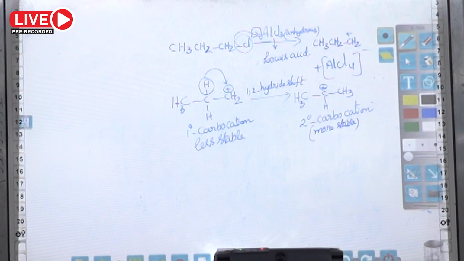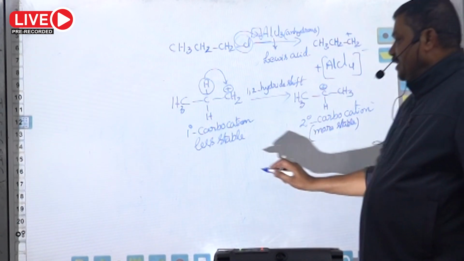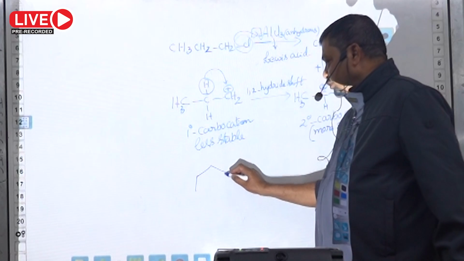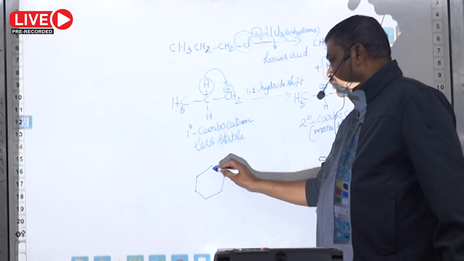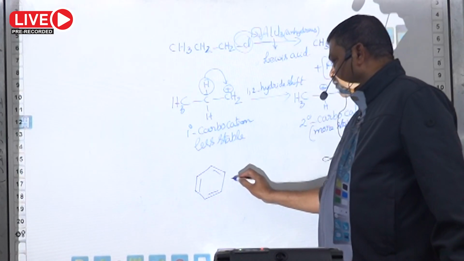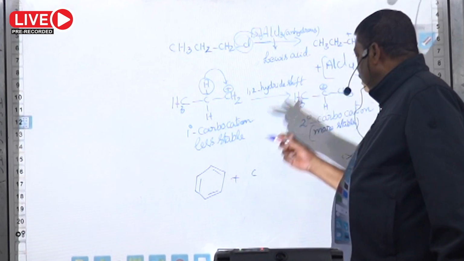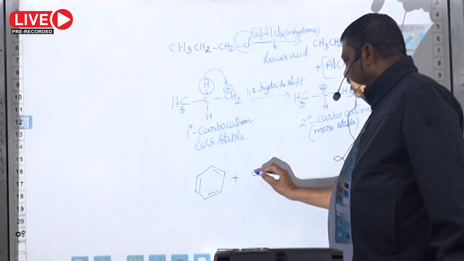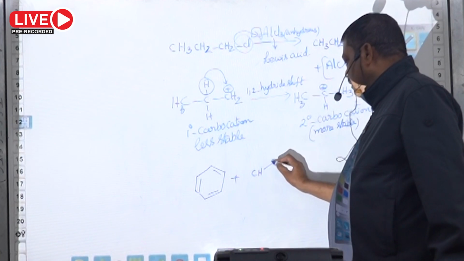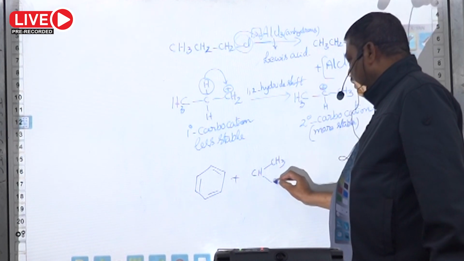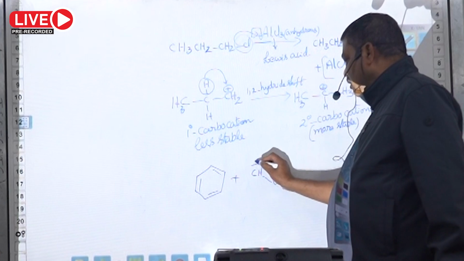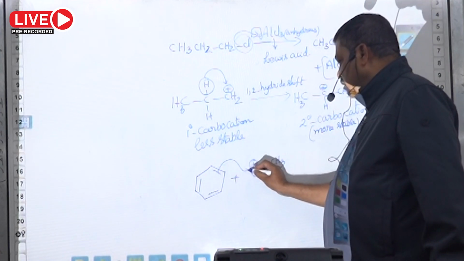Okay, now the secondary carbocation attacks the benzene ring. CH plus, this is the isopropyl carbocation.